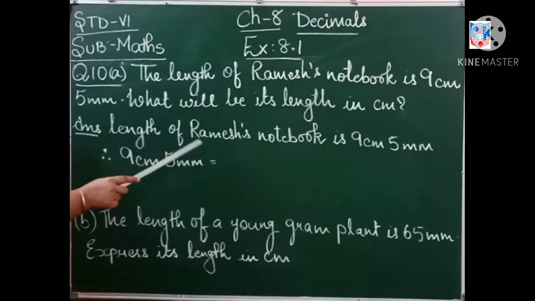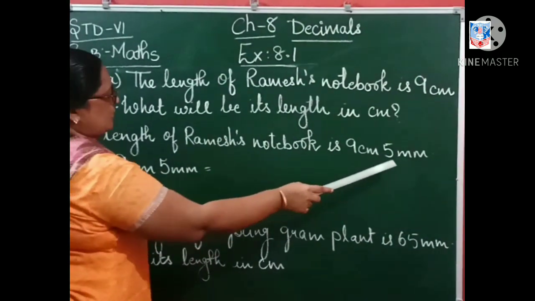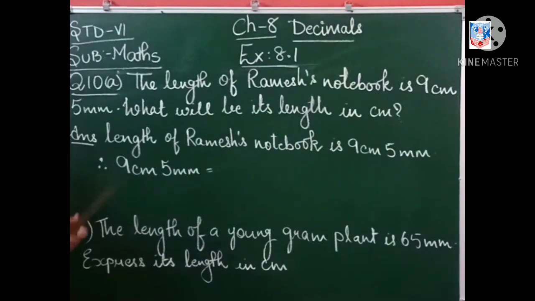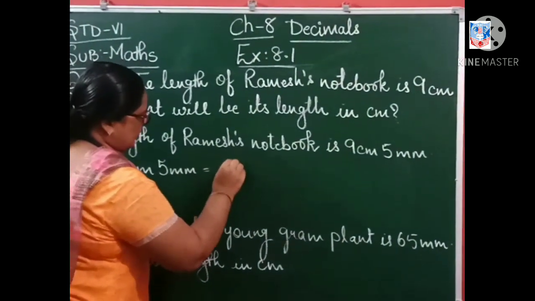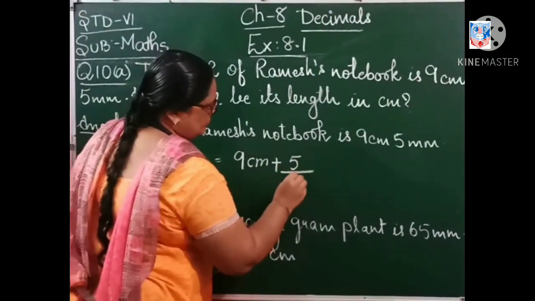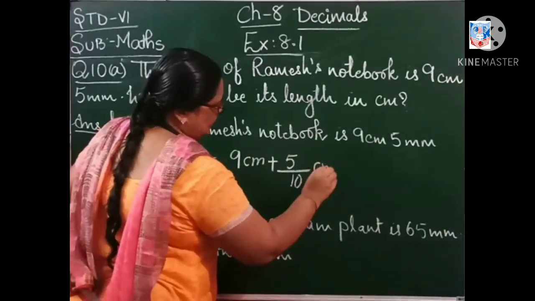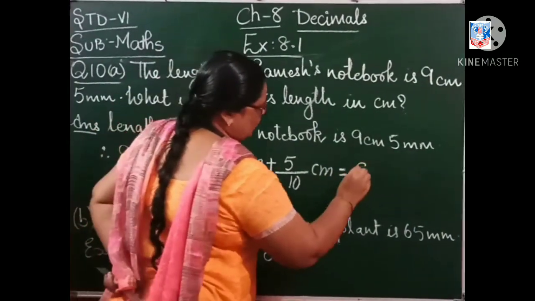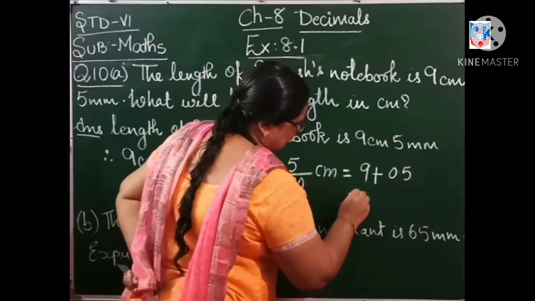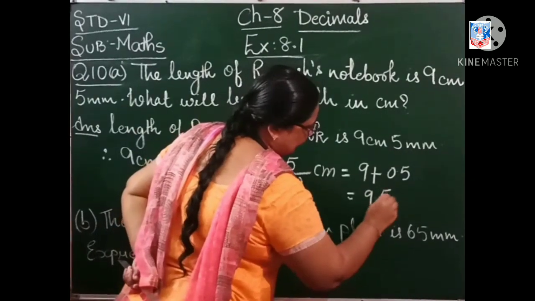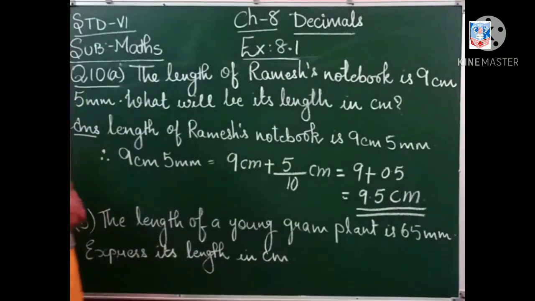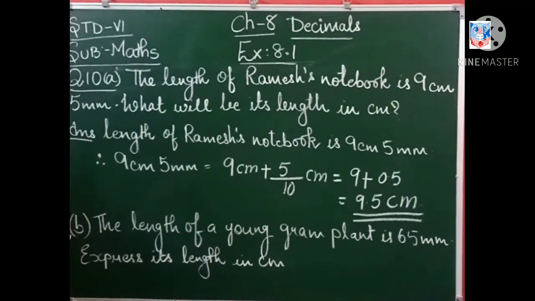So 9 cm 5 mm is equal to 9 cm plus 5 by 10 centimeter is equal to 9 plus 0.5 is equal to 9.5 centimeter. This is your answer. In the same way, you will do this sum. This is your homework.